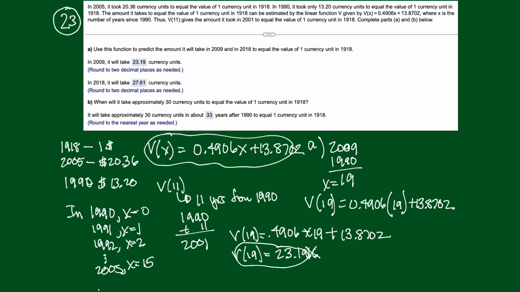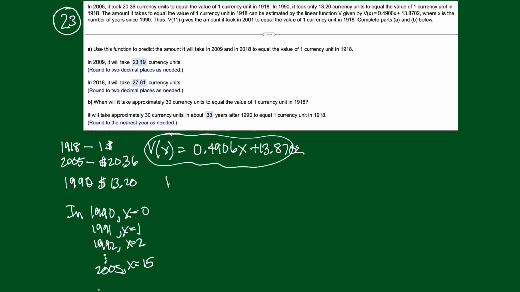Back in 1918, you pay $1 for something. How much does that same thing cost you in 2009? Well, that is going to cost you 23.19 units or dollars.